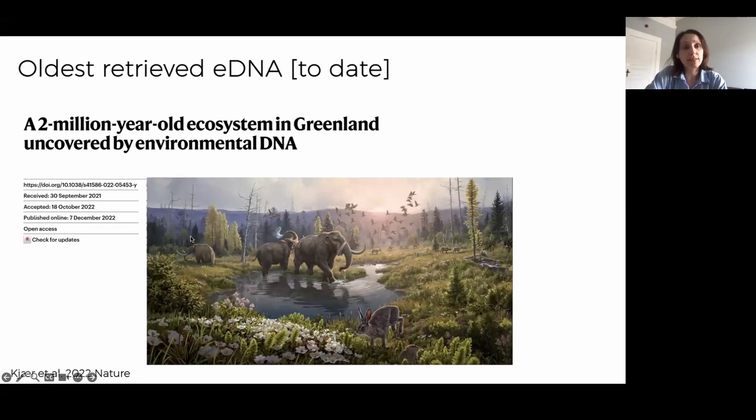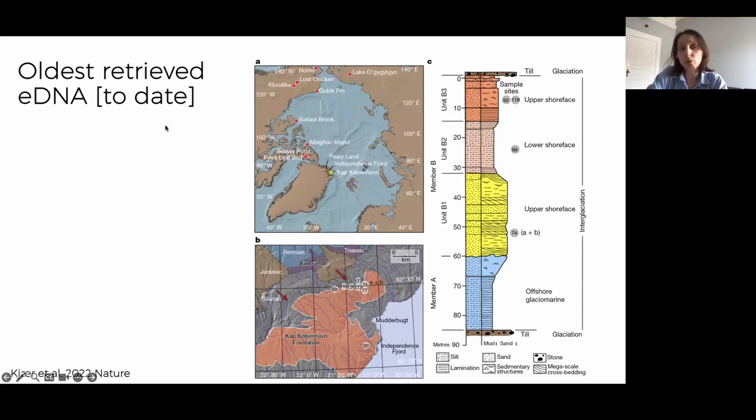It was extracted from a site in North Greenland called Cap Copenhagen, which has been dated to 2.2, 2.3 million years ago. Based on the eDNA data from this site, we were able to show that this community, where we're focusing on higher plants and animals, was actually non-analog. It means that nowhere today on Earth can we find a similar ecosystem.